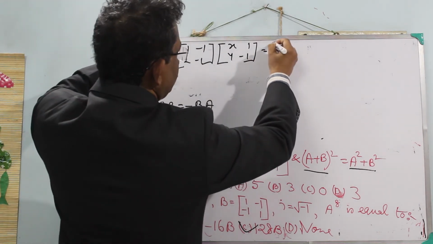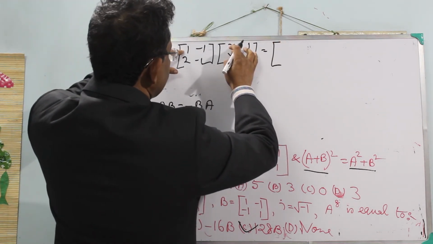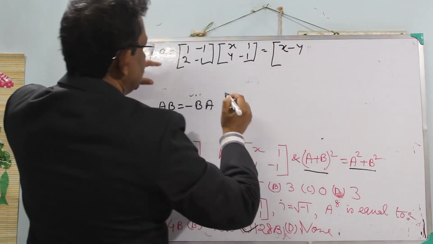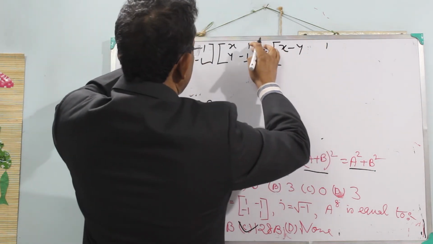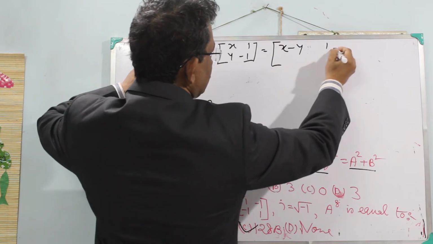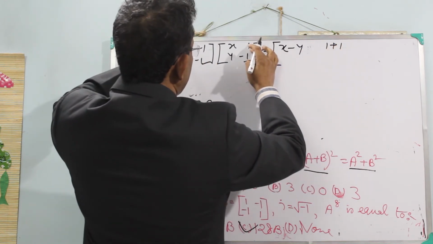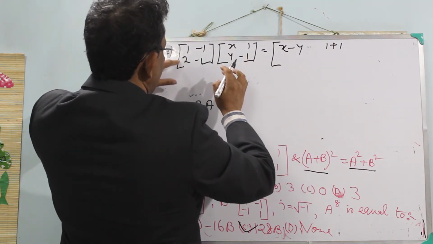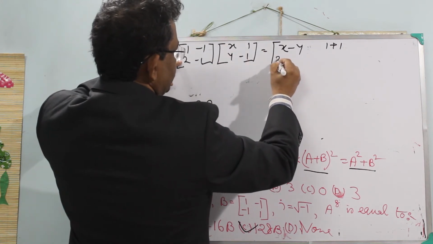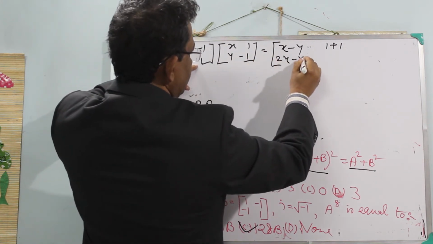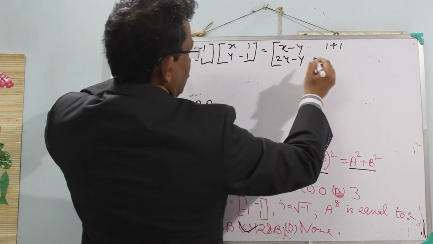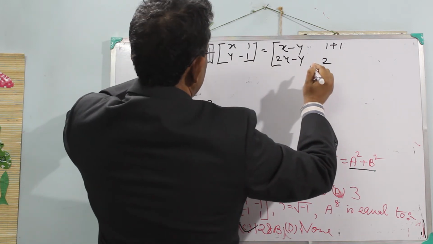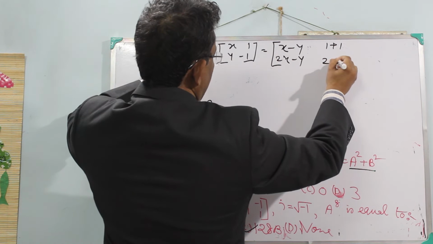That equals 1 into x, minus 1 into y, x minus y, then 1 into 1 minus 1 into minus 1, plus 1, 2 into x, minus 1 into minus y, 2 into 1, and minus 1 into minus 1 plus 1.